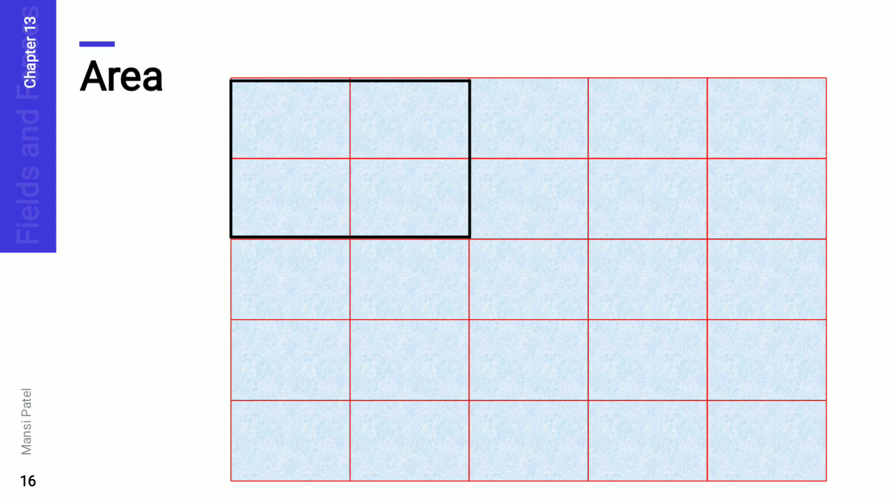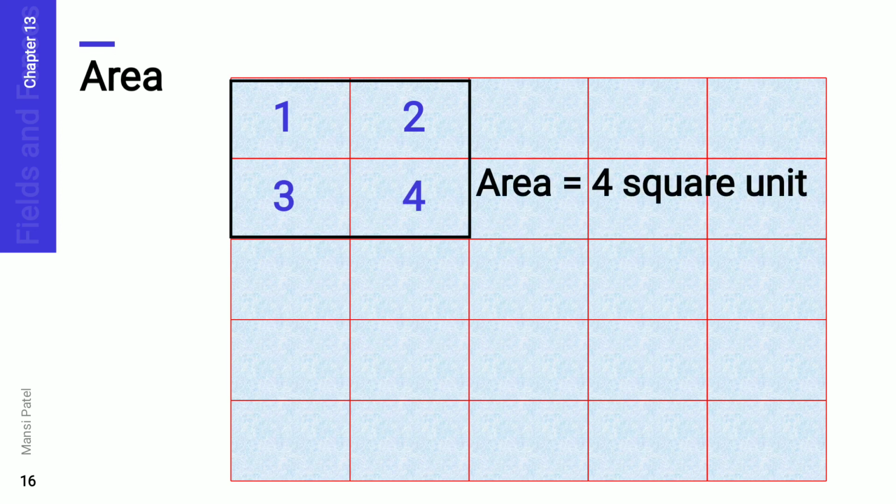So count the number of boxes covered by this. How many squares are there? Count it: 1, 2, 3 and 4. So we can say that the area of this field is 4 square units.